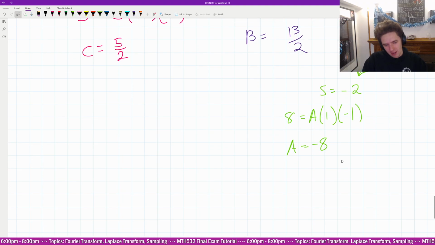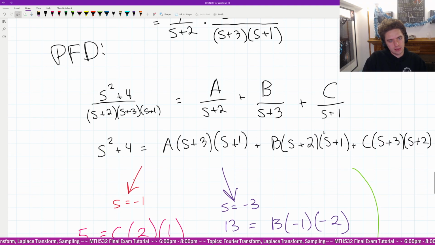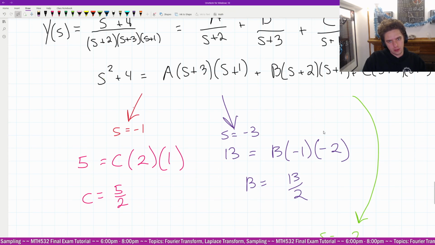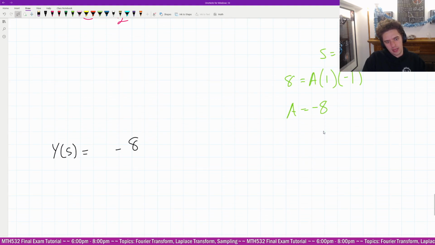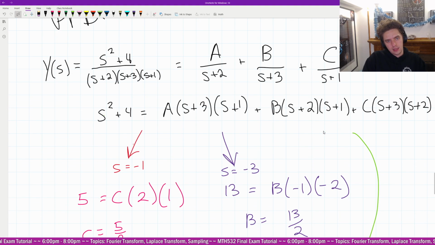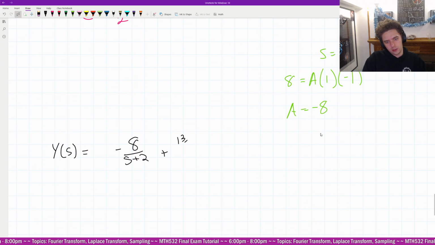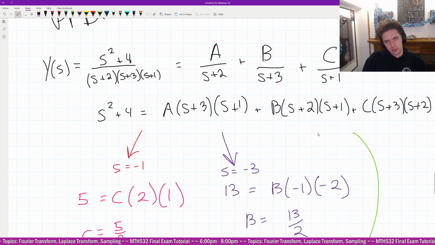So that means, finally, our y of s, right, this is y of s, can be written as a over s plus 2, so negative 8 over s plus 2. Then we have b over s plus 3. What was b? 13 over 2. So plus 13 over 2 over s plus 3.